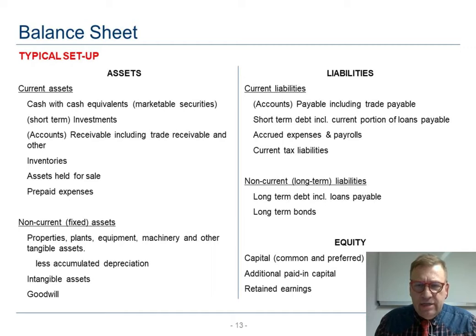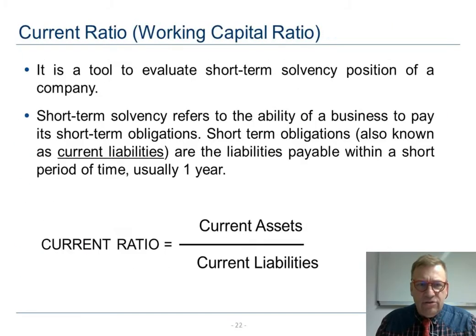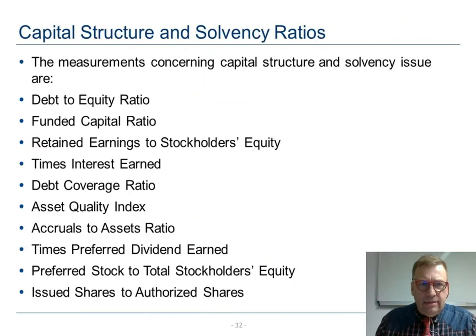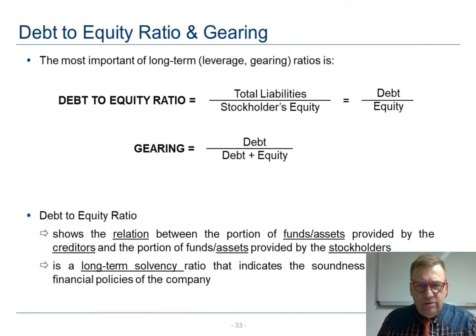We are interested in the right side. So this debt to equity is everything in liabilities divided by everything in equity. Fine? So this is this ratio. And as I said, it's such an important ratio.